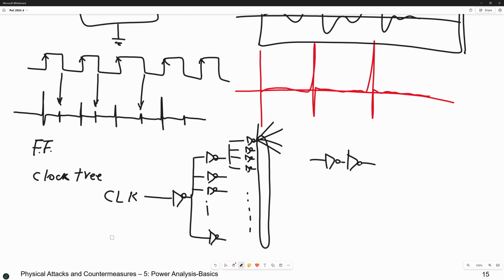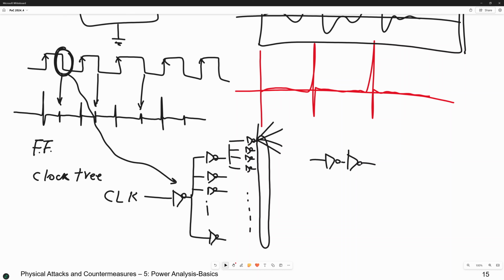Then what you learned? You learned about the glitches. You learned about the changes. When the clock changes from 1 to 0, from 1 to 0, then these are also changing. Then they consume energy. Although the circuit does not do anything, you have clock buffers.